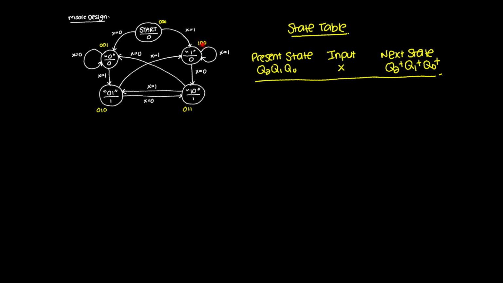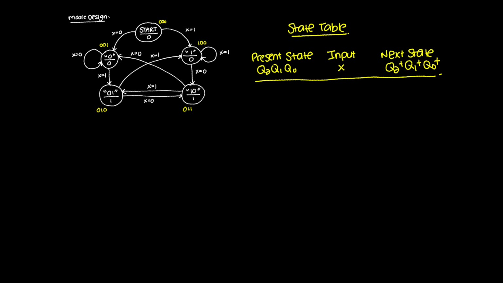Then I have an input X as well, because my transitions are conditional on my input X.